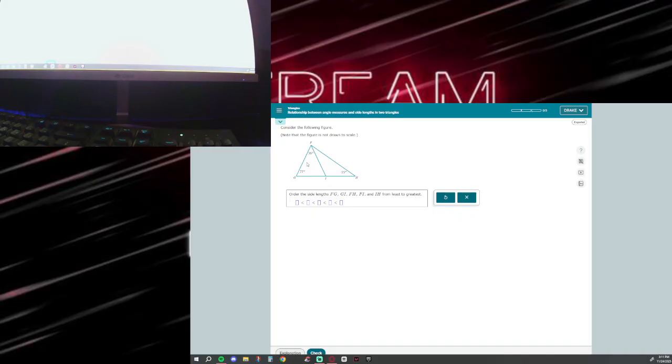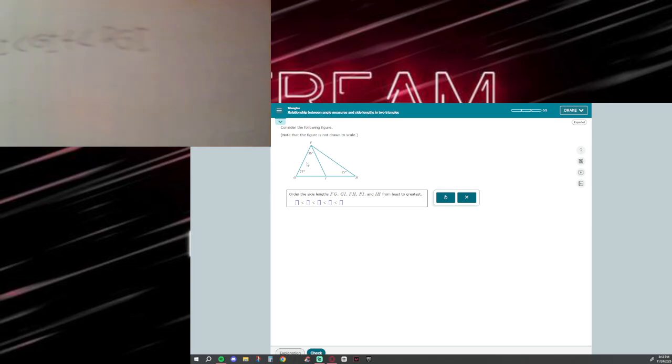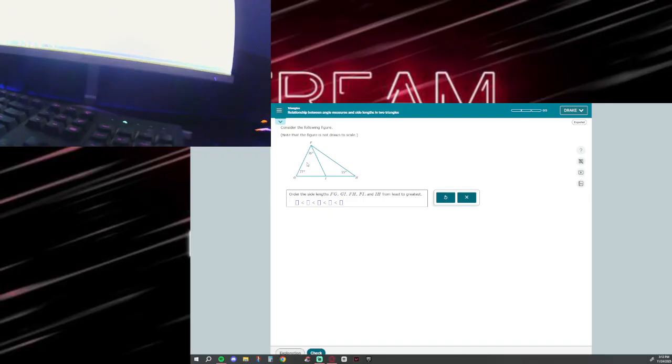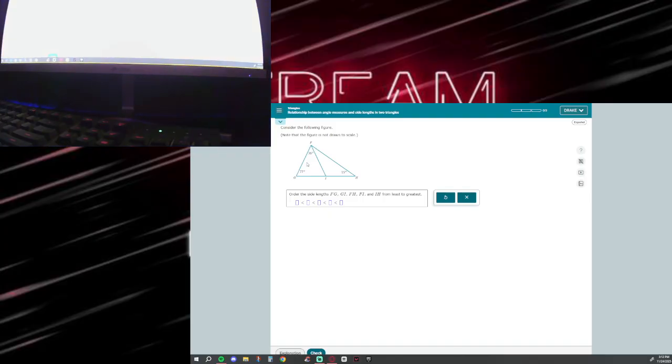Our next smallest angle is I, so then we go GIF. G is our last one, even though it's high, so we go F, G, I. We have this all done just like that.